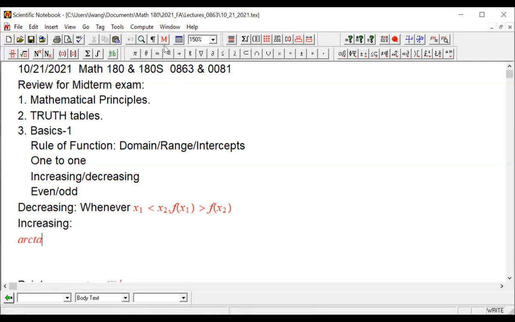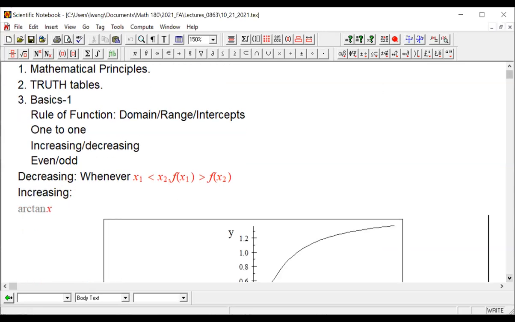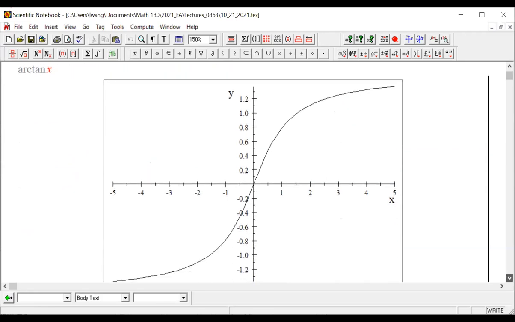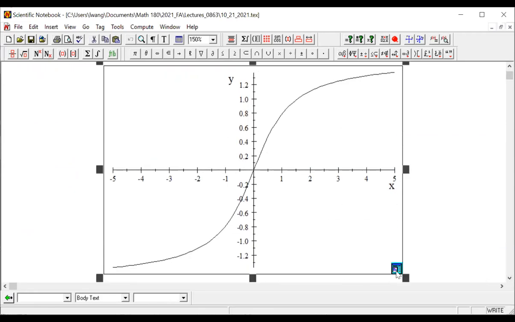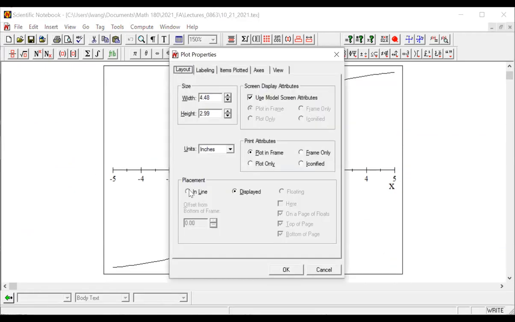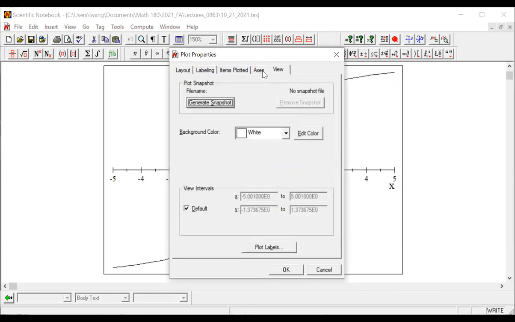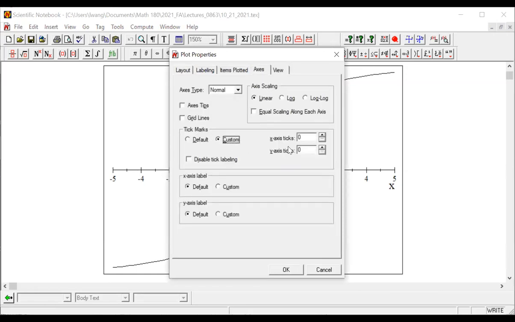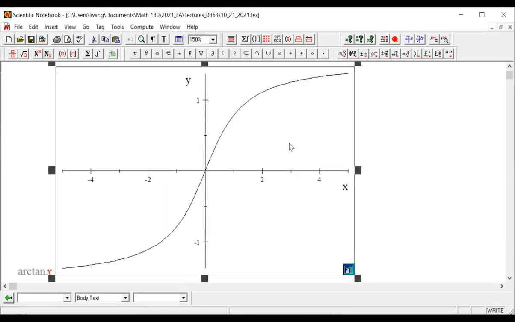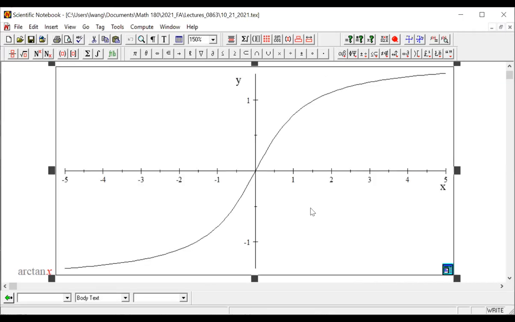Arctan, the curve of arctangent. Right, this is arctangent. We know arctangent has a domain of all real numbers.